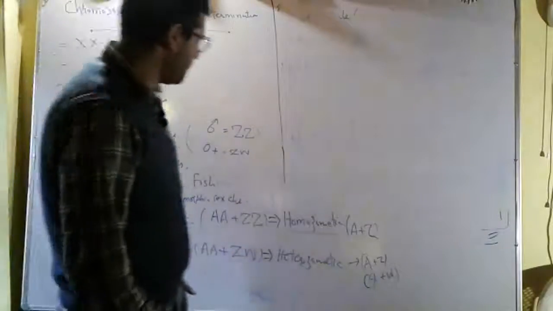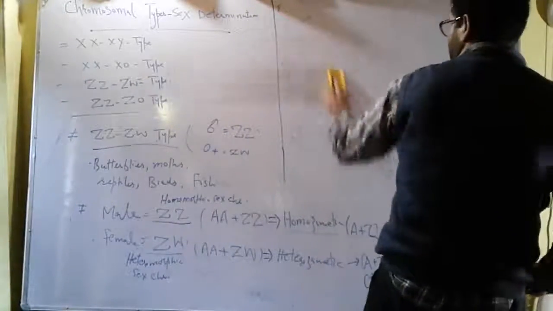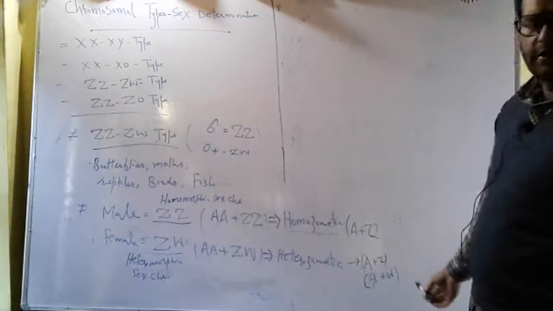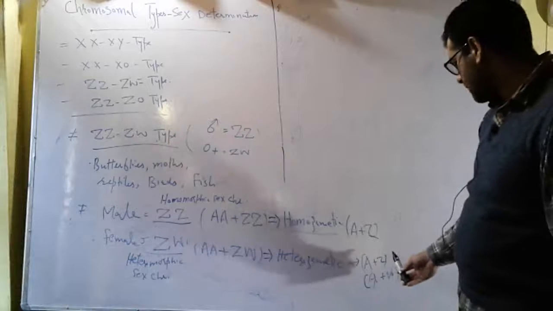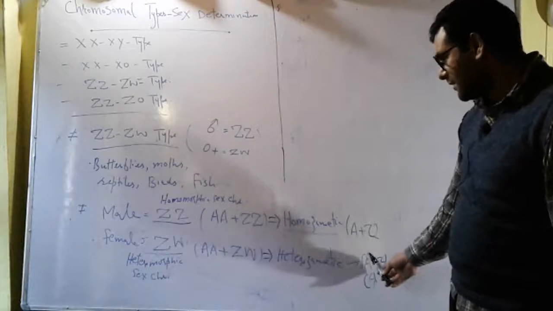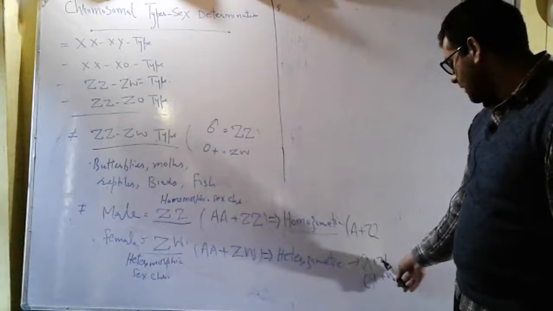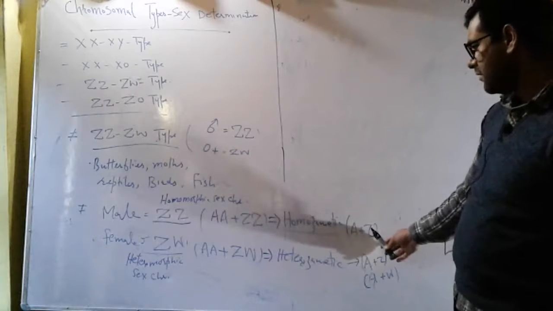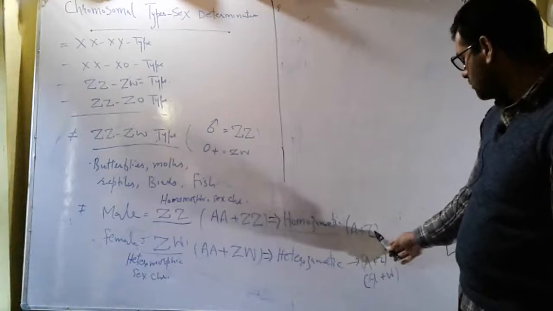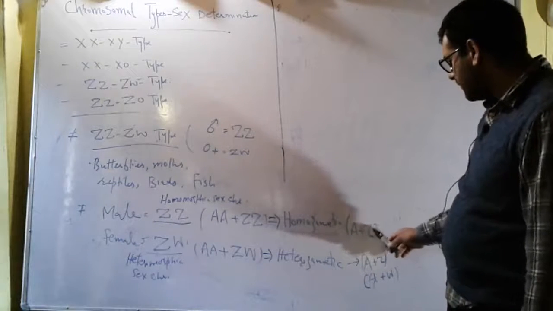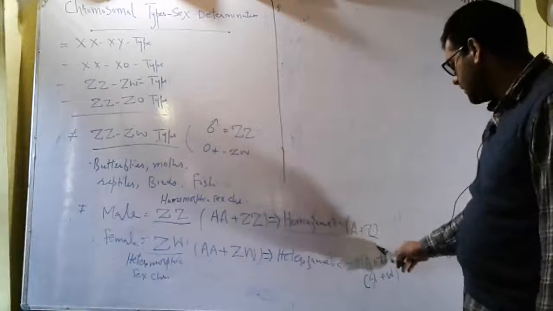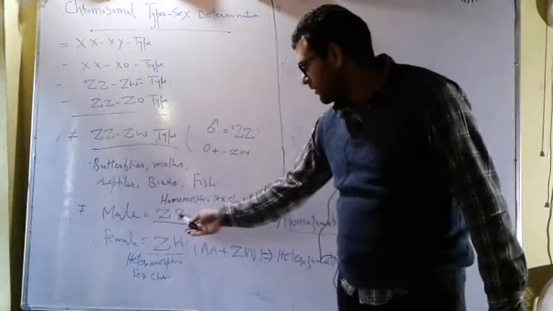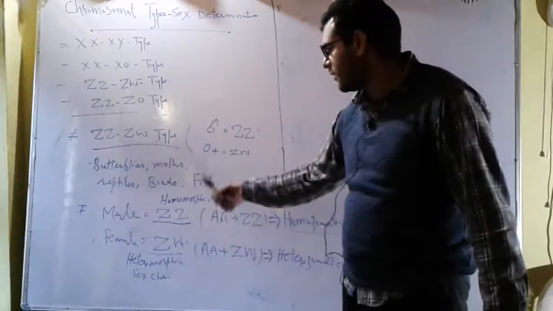Now how can we explain this? Here the sex is determined at the time of fertilization. The fusion of an egg cell having Z sex chromosome with the sperm having Z sex chromosome will give rise to a zygote having ZZ sex chromosomes, and ultimately the zygote will develop into a male, because ZZ sex chromosomes give rise to males.